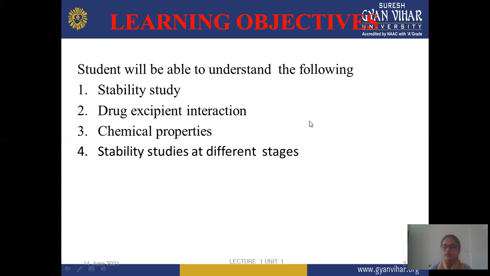You know that different types of formulation contain different excipients. With the help of this stability study, you can also determine drug excipient interaction, or compatibility between drug and excipient.